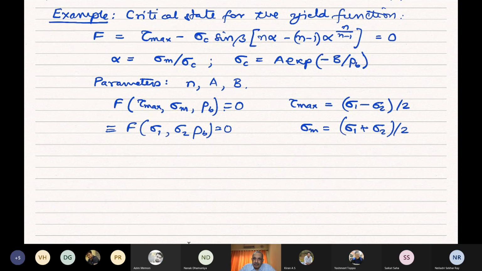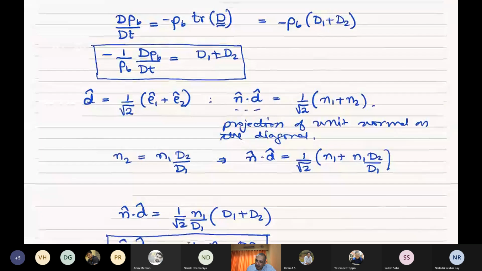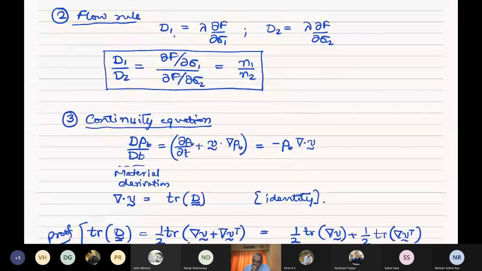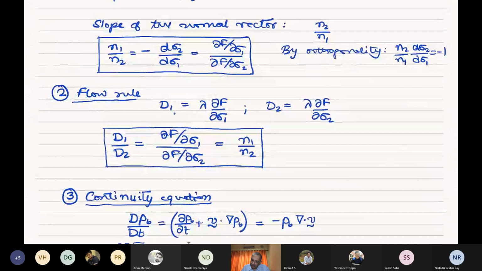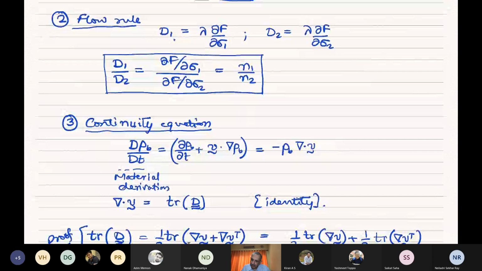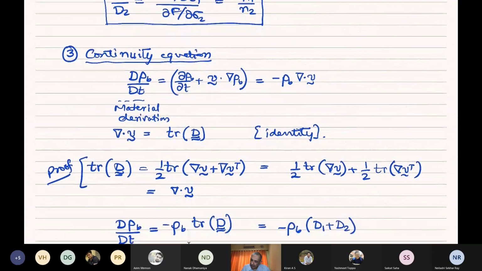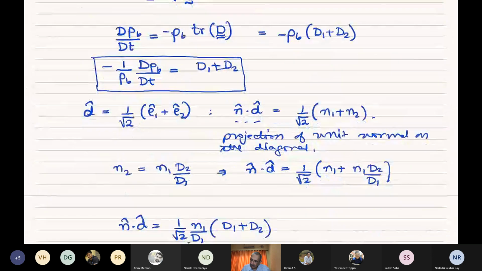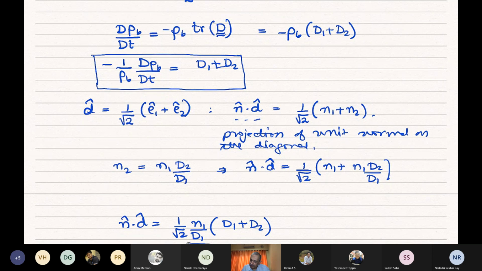And you know what we have already seen from the class last time is that at the critical state we have del f by del sigma 1 divided by del f by del sigma 2 is equal to n1 by n2, and we have also seen that n1 plus n2 is equal to 0 at the critical state because n dot d is equal to 0.